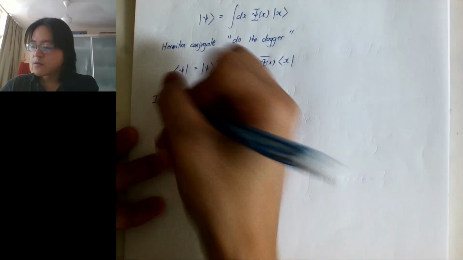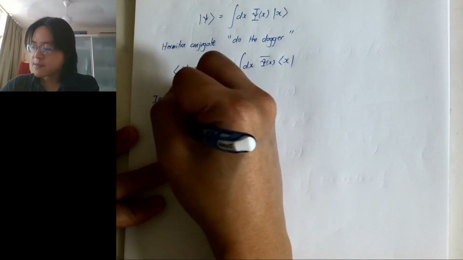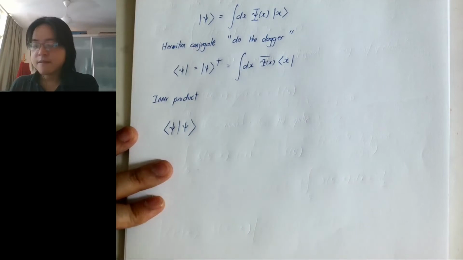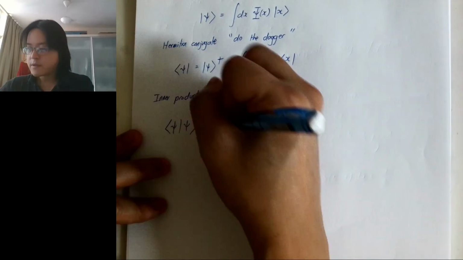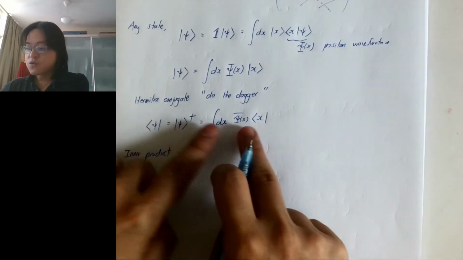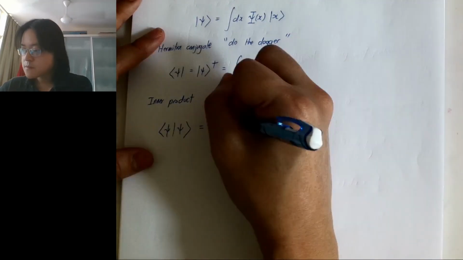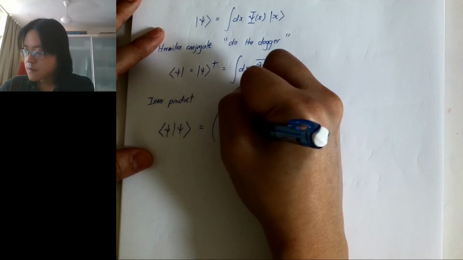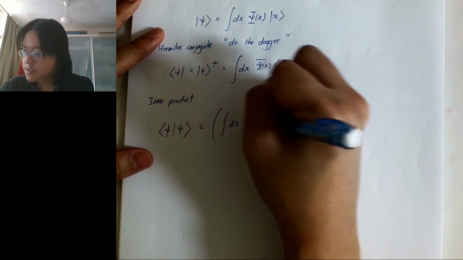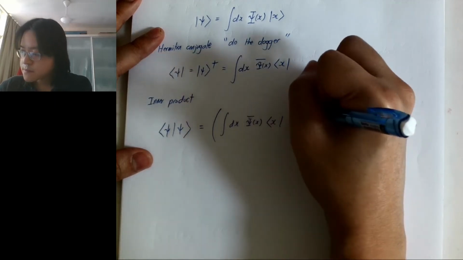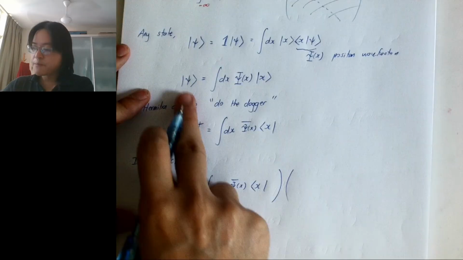The inner product is, I take the bra and then I ket this, so I got a bra-ket, right? So that means I need to multiply this by this. Let's copy this over. dx psi complex conjugate of x, and then the ket was the original one.